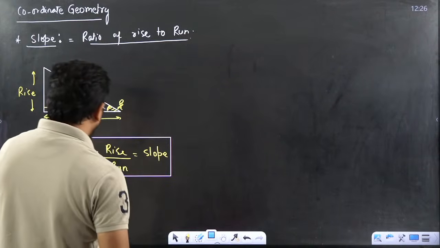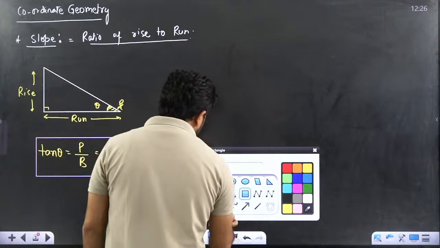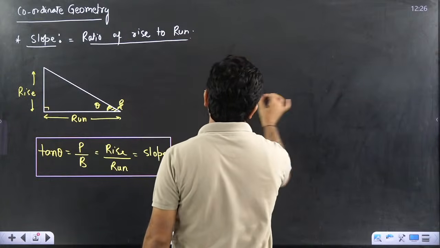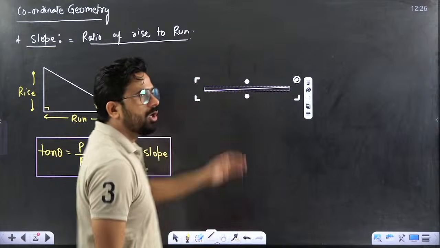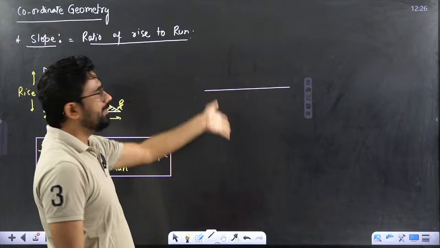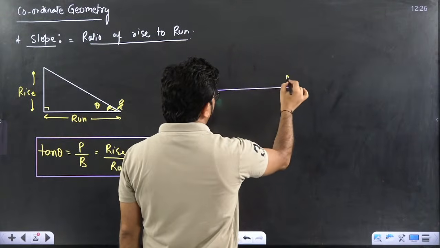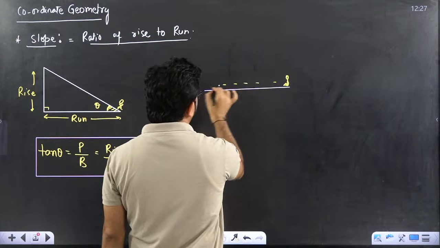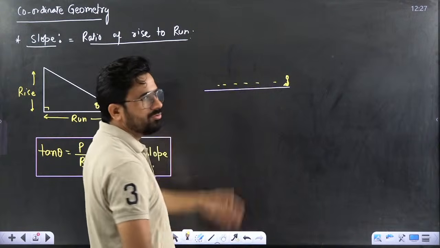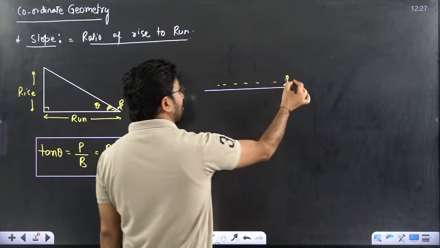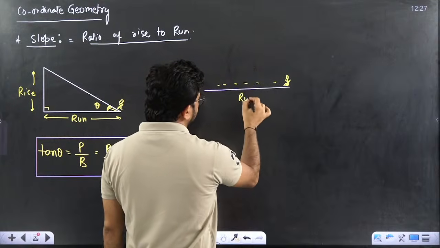Now use your brain. Suppose one student is saying, sir, I am moving only on a horizontal line, not rising anywhere. Then what will happen? You are moving from this point to this point. So how much rise? 0. Run is only there.